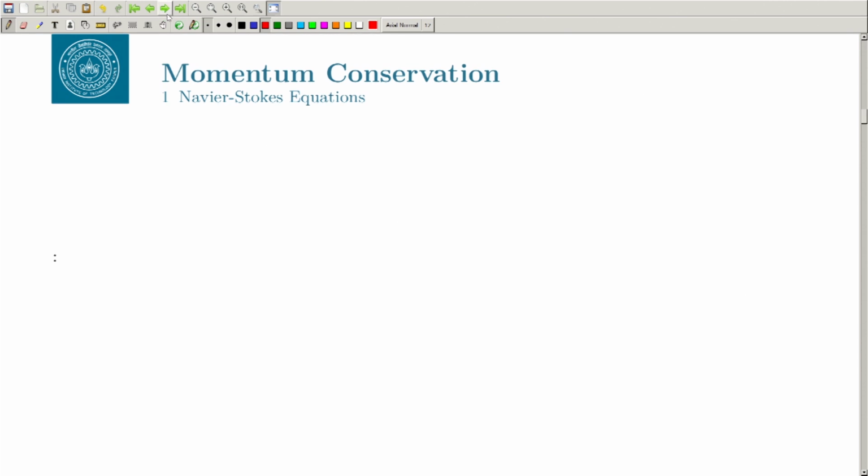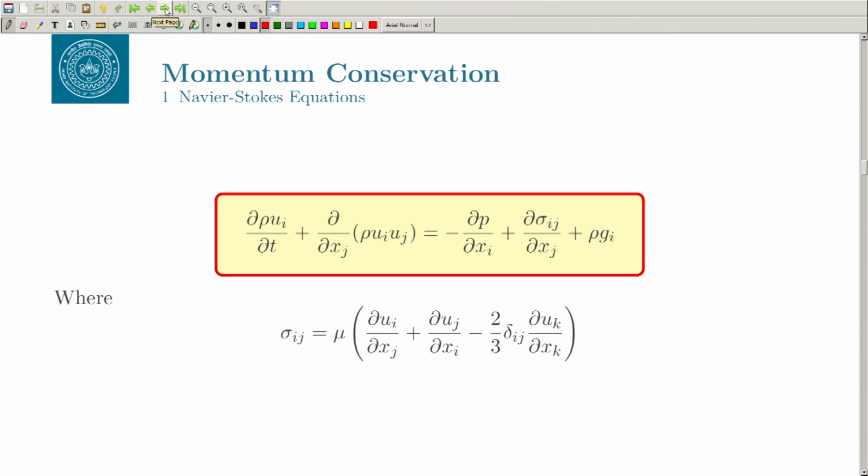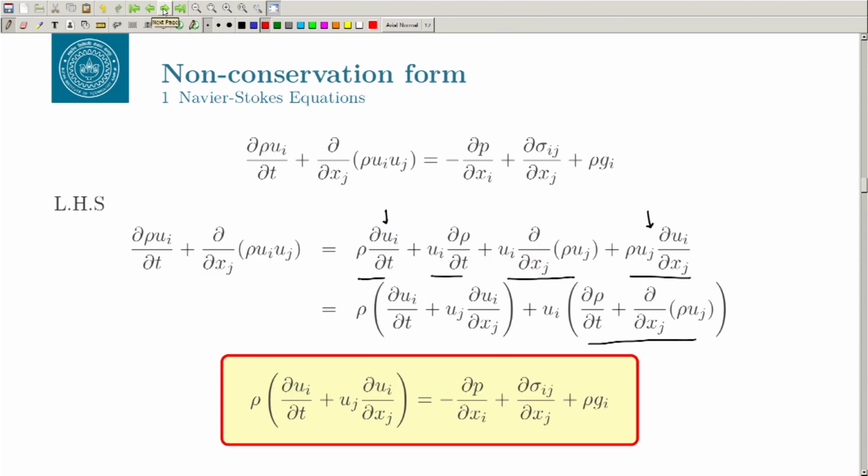And once again I want to emphasize that when it is non-conservation, it does not mean that it is not conserving some variable or some value, in this case momentum, but it is only to suggest that when you are casting in a coupled form or coupled system of equations, this form is not suitable.